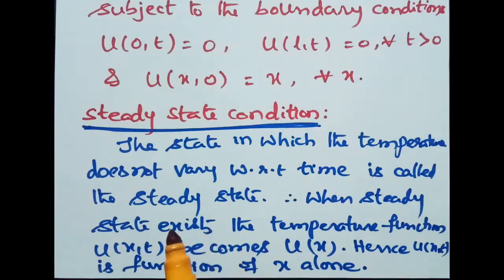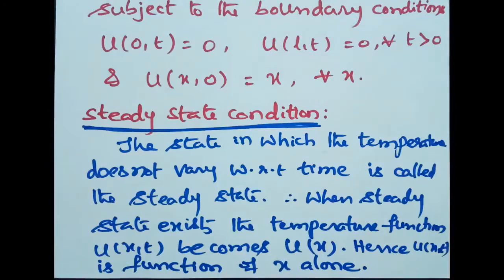Hence, there is no change in the temperature if time t varies. That means the temperature function u of x comma t is a function of x alone. It is independent of time t. Such a condition is called steady state condition.